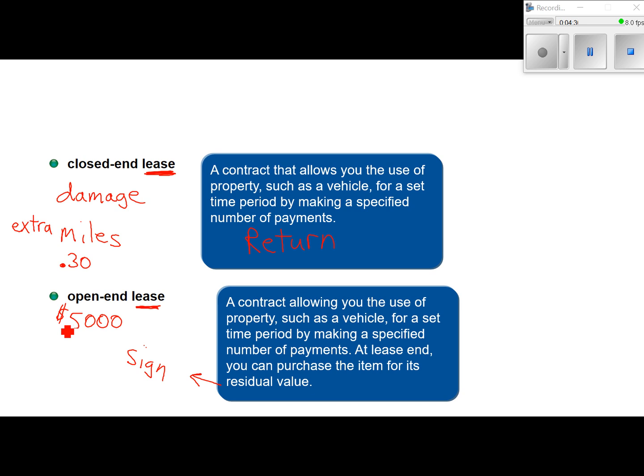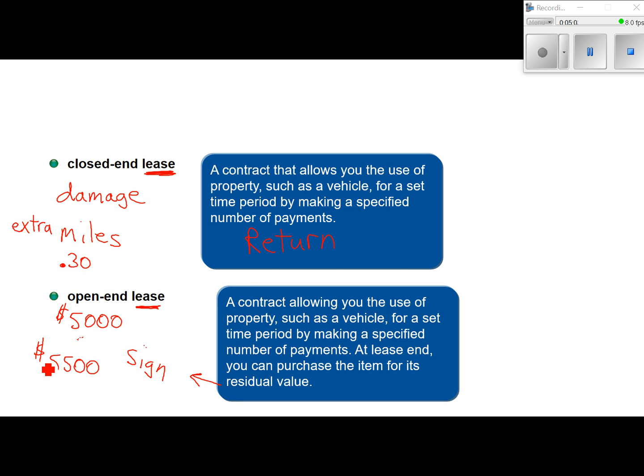And this is what I was talking about with my friend a few years ago. When they were going to turn the car back in, the car was going to be worth $5,000 if they paid it off and bought it, but they were going to charge them something like $5,500 for the damage and the extra mileage that they had put on the car.